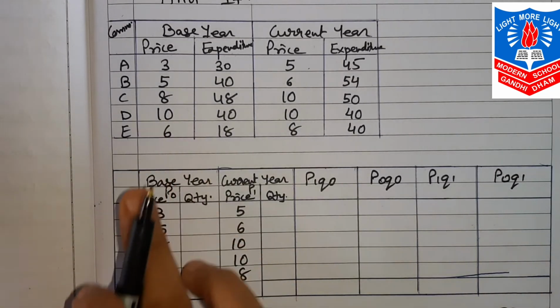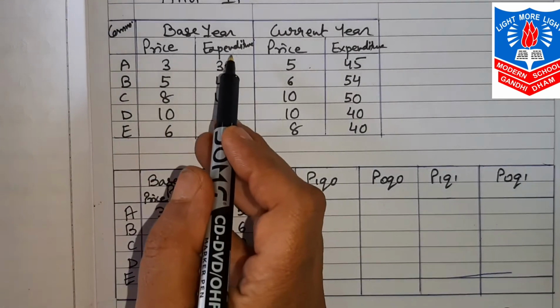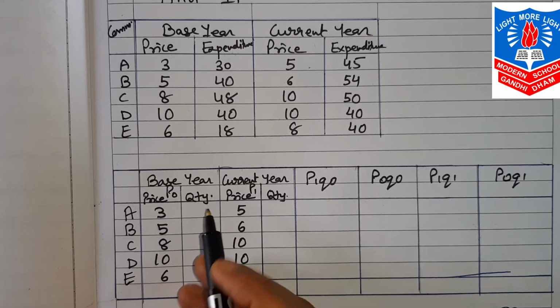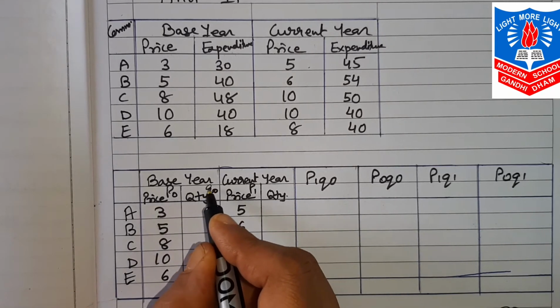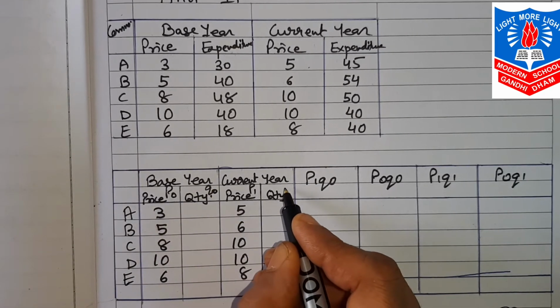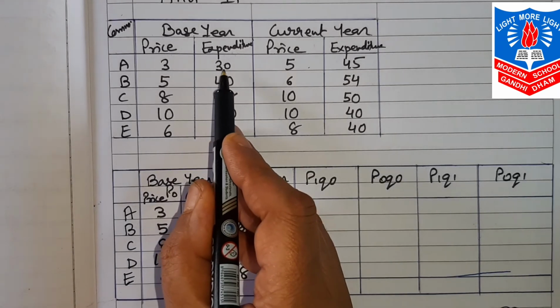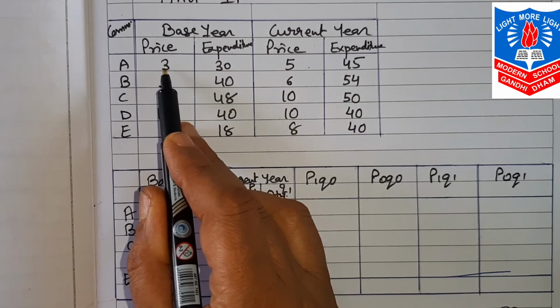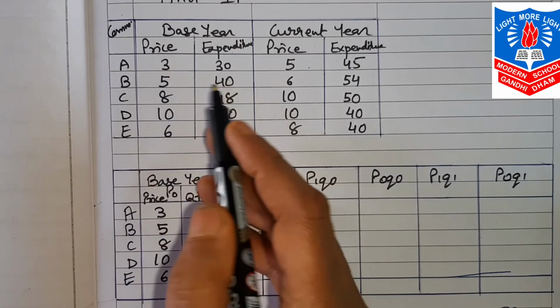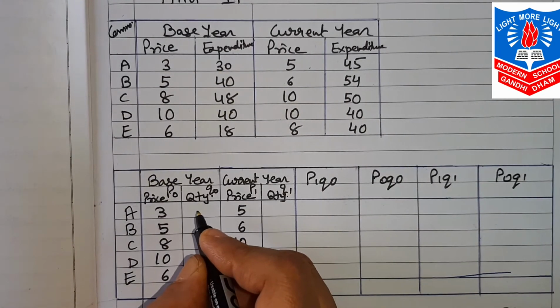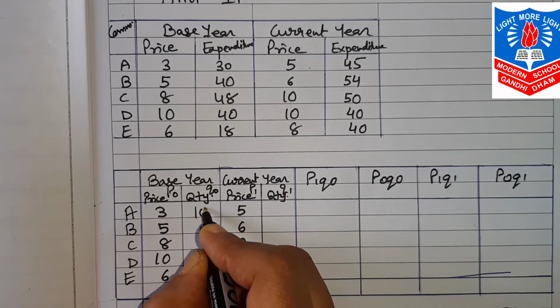Here you can see price and expenditure are given, and here I have already marked P0 and this is your Q0, same way here P1 and this is Q1. As we just discussed, we divide expenditure by price to get quantity. So 30 divided by 3 is 10.